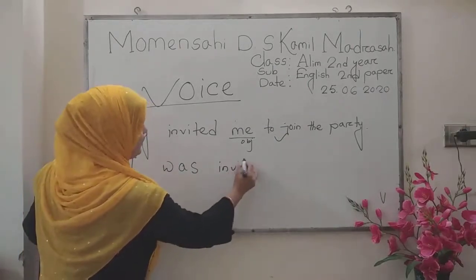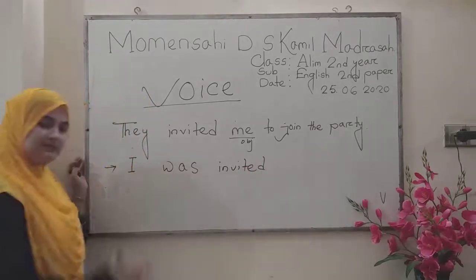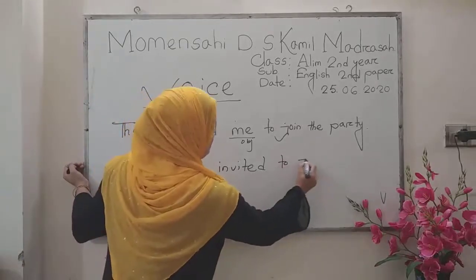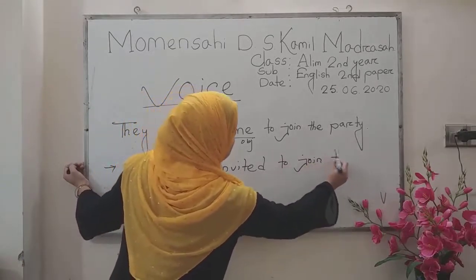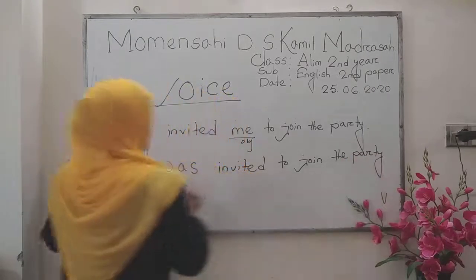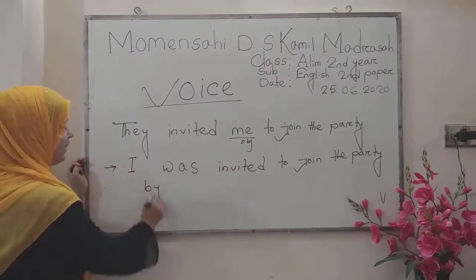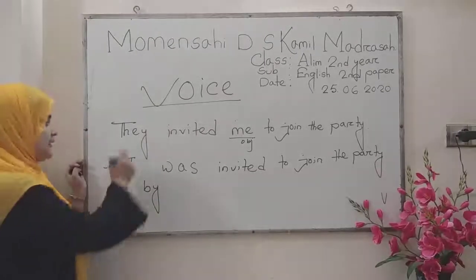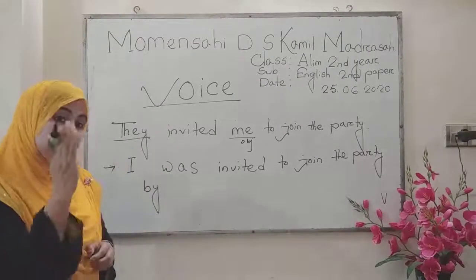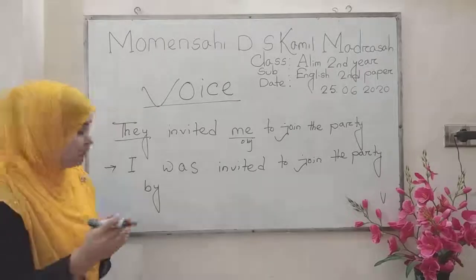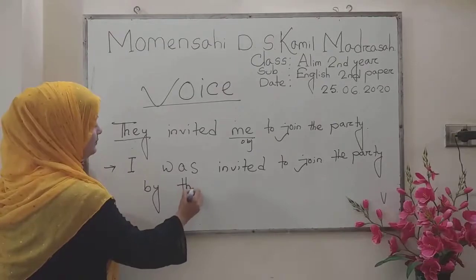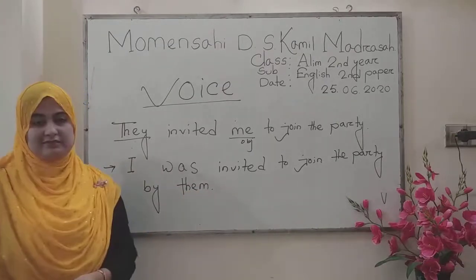I was invited, and the extension we can notice is to join the party, and also the preposition by, and again it is a pronoun, and also it is called subjective form. You need to turn it into objective form, that is them. Clear?